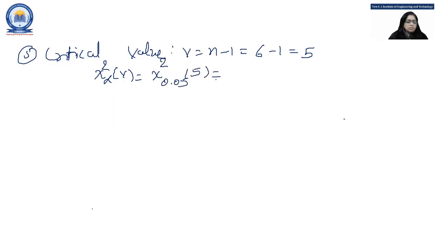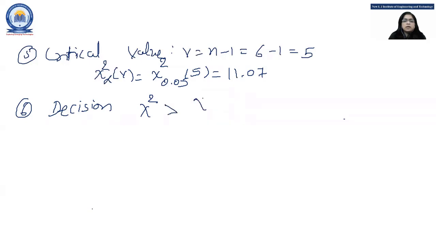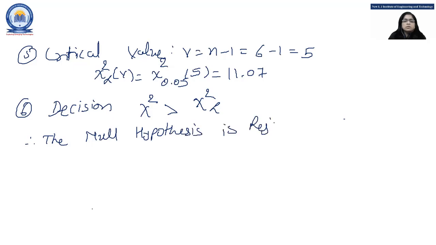So my final answer is 11.07. Okay. Now, the chi-square test statistic value is 78.68 and this one is 11.07. So sixth, decision is what? Here chi-square is greater than chi-square alpha, therefore the null hypothesis is rejected.